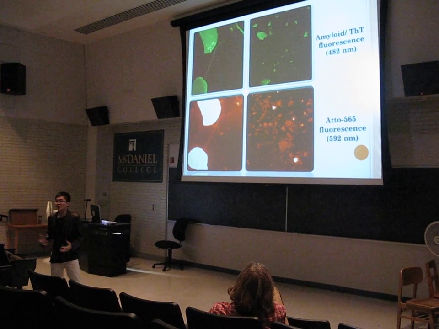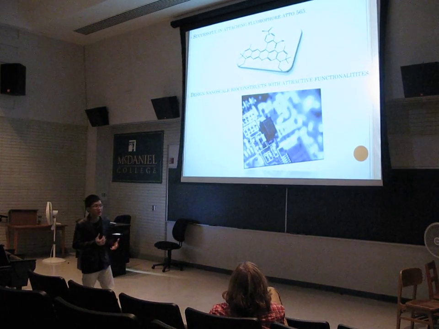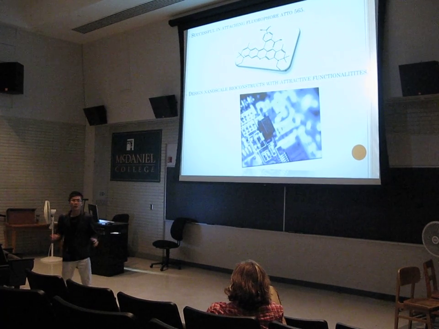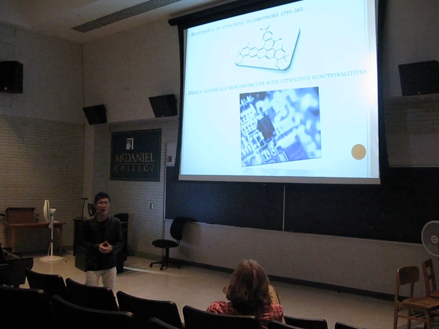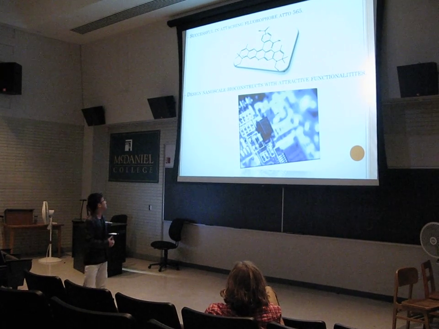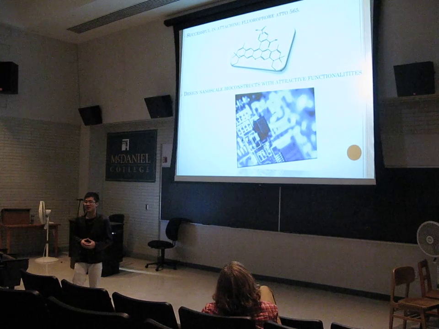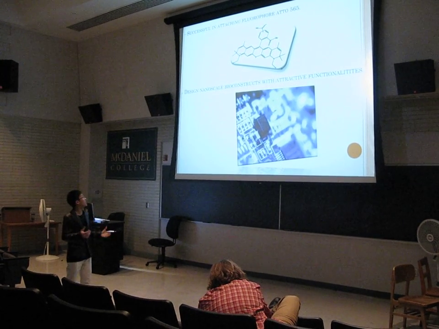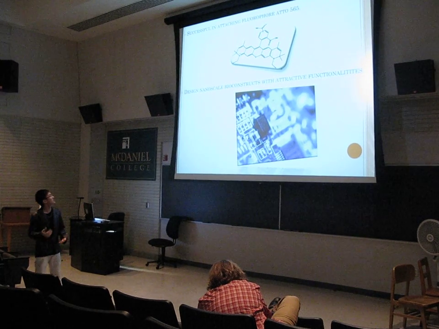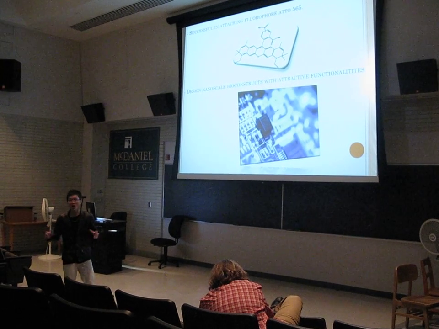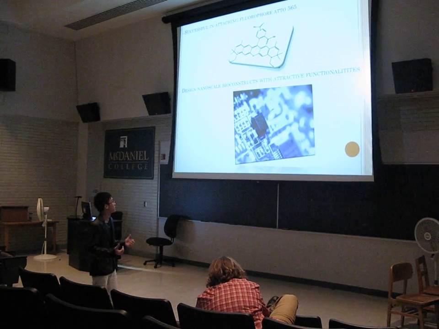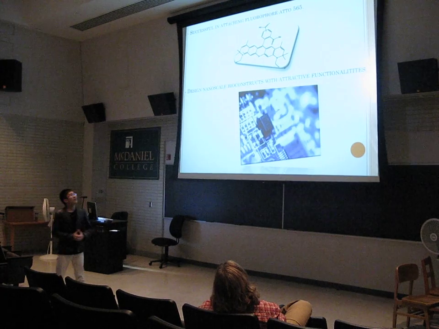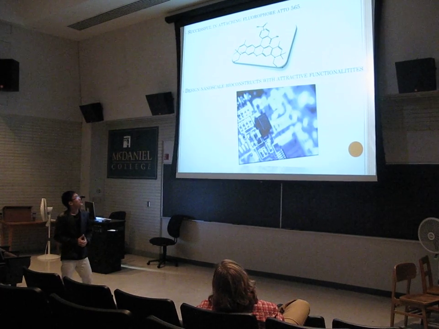In conclusion, we are successful in introducing the fluorophore Alexa Fluor 565 to the array of fibril. I strongly believe that it will create the possibility of introducing a variety of functionalities onto the fibril and designing a nanoscale bioconstruct with more astounding and attractive functionalities. This is the end of my project.